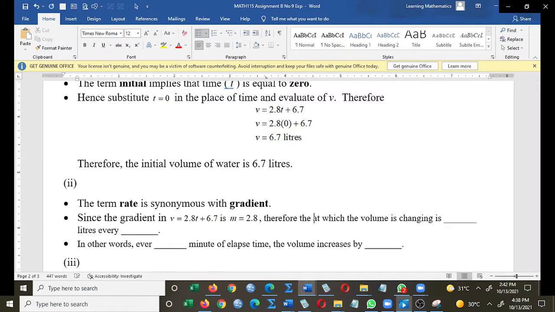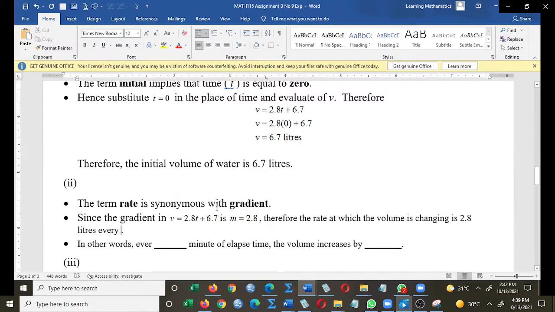what it says, the rate at which the volume is changing, is what? 2.8. 2.8 every what? What unit are we talking about there?